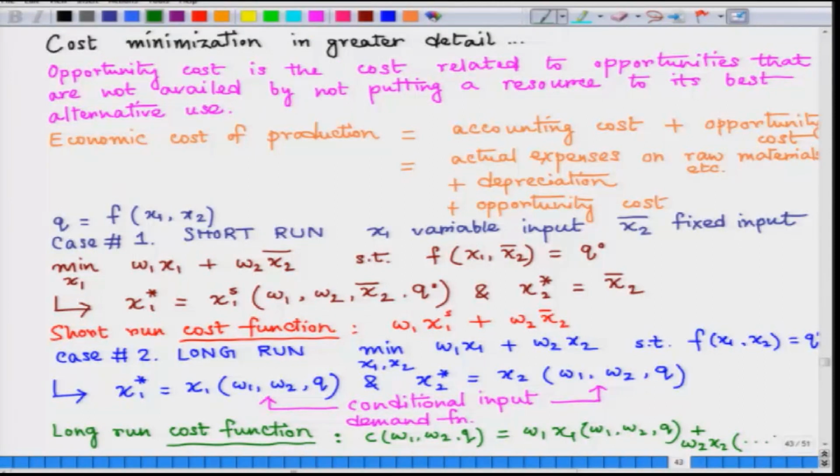We write the same 3 components, W1, the same 3 variables or factors on which the input demand depends, which are the 2 input prices and the output level.